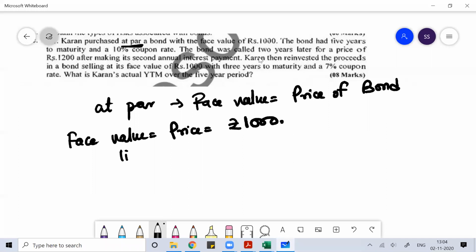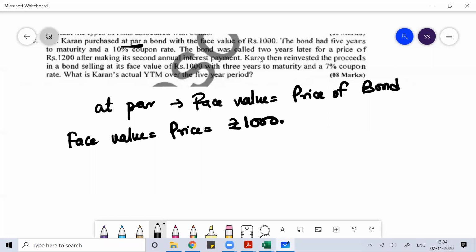So you bought this bond for 1,000 rupees, and the coupon is 10%. Your coupon value would be 10% of 1,000, which is 100 rupees. The bond was called 2 years later for a price of 1,200.